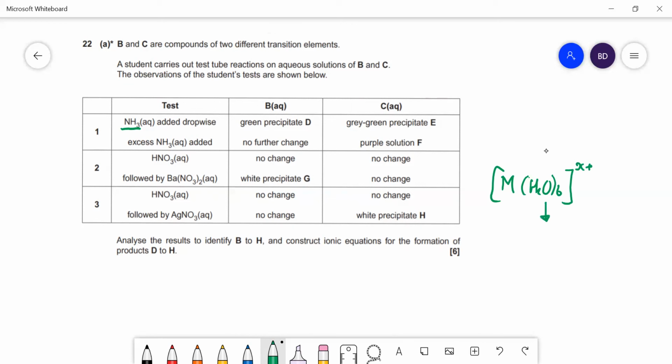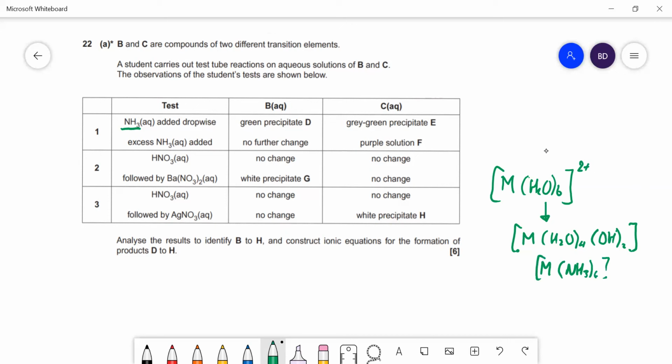It removes protons from the water, and so it turns the waters into hydroxide ions, and so the ion becomes uncharged overall. Let's say if that was a 2+, you get a precipitate. And then sometimes with certain things, you add excess, then you get ligand exchange reactions, and you can replace those waters and the OHs. If you add excess concentrated ammonia, you'll replace them with ammonia ligands, usually 6 of them. So that's what we're looking for.